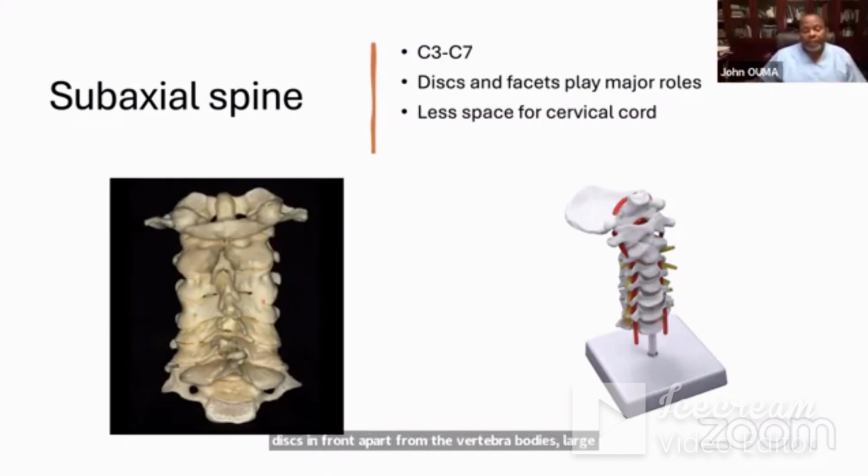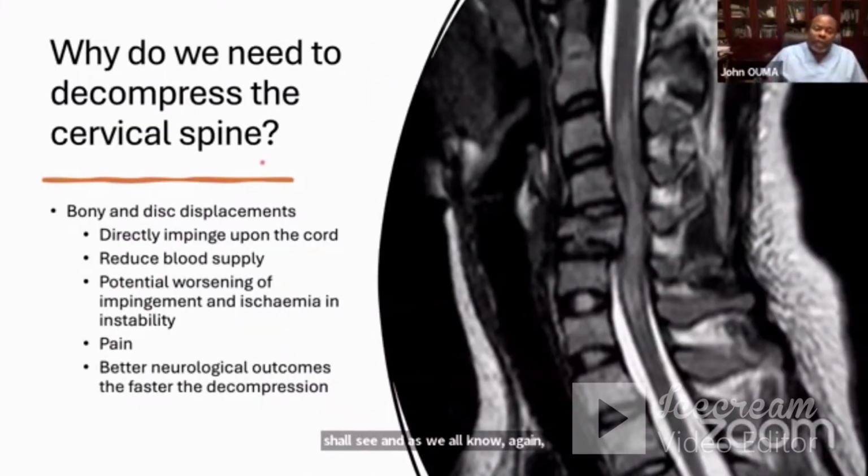Posteriorly, this unique arrangement of facet joints, as we shall see, and as we all know, under certain conditions of trauma can become the compressing lesions.